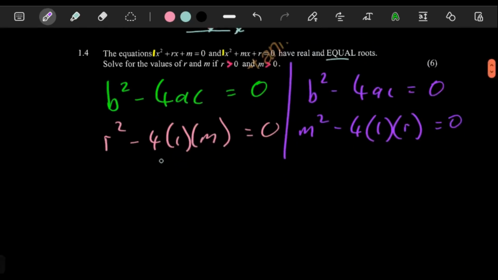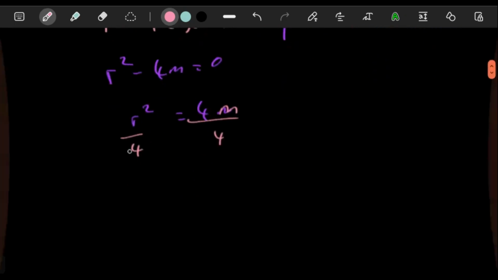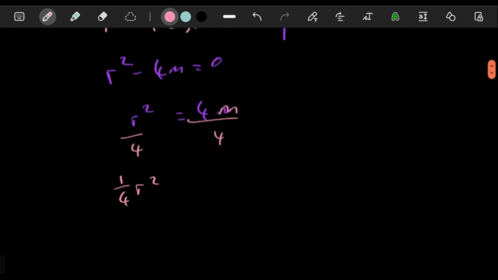Here we can isolate r squared minus 4m equal to 0. The 4m goes here. You can divide, let me isolate m in this case. So this is a quarter r squared, which is equal to m.